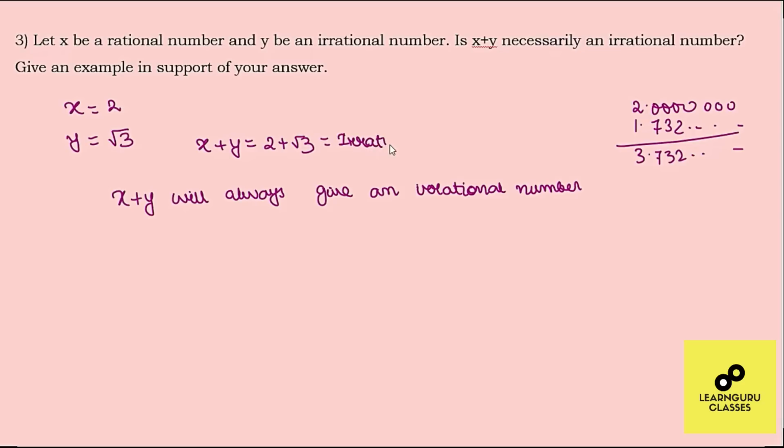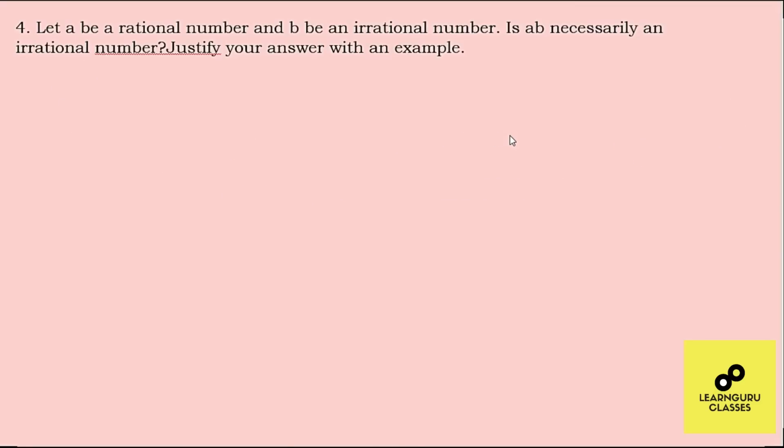Next is, let A be a rational number and B be an irrational number. So is AB necessarily an irrational number? Justify your answer with an example. So let's check once again. Let A equal to 2 and B equal to root over 3. Now if we multiply this, 2 into root over 3.